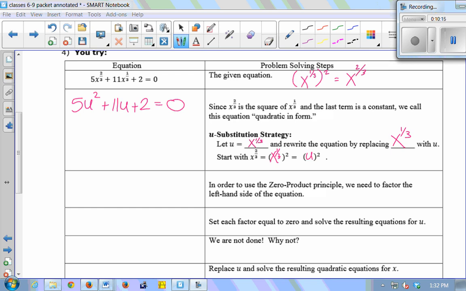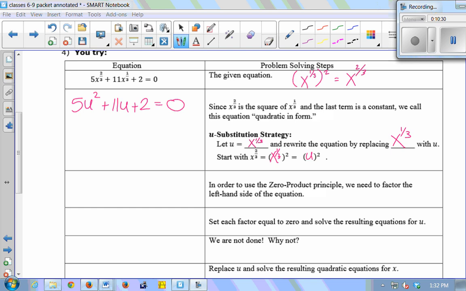That was one of the trickier ones of identifying the u. Okay, and then you can either use the quadratic formula or factor that guy. And it does factor, but if you use the quadratic formula, you get the same solutions.